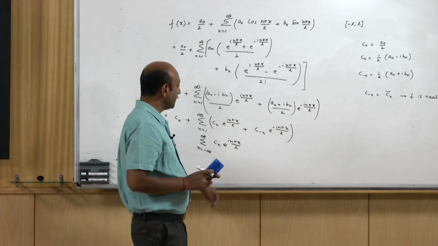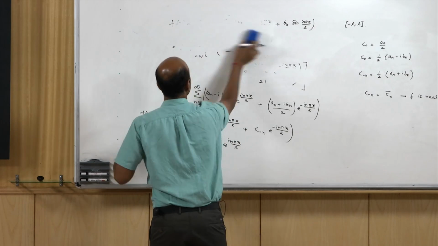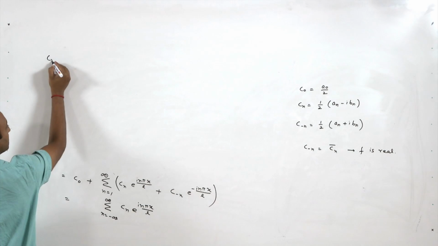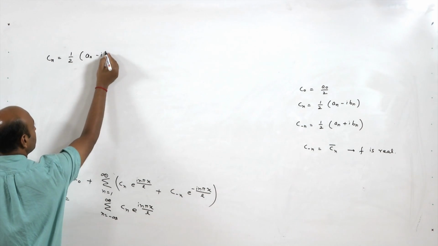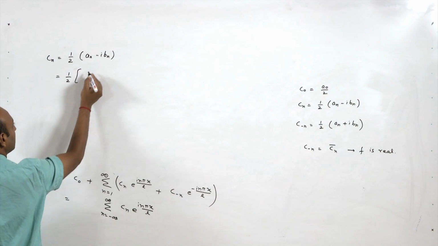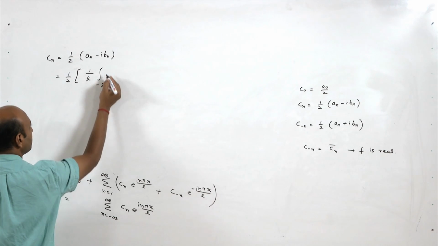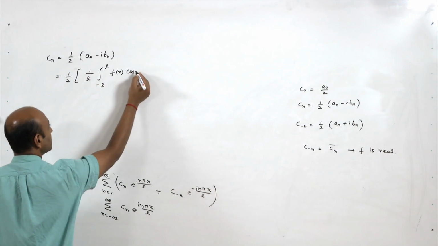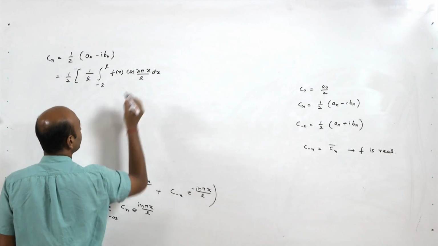Now, what are C_n, how do we define C_n? C_n is nothing but 1/2 (a_n minus i b_n). What is a_n? It is 1/L integral from minus L to plus L f(x) cos(n pi x / L) dx.